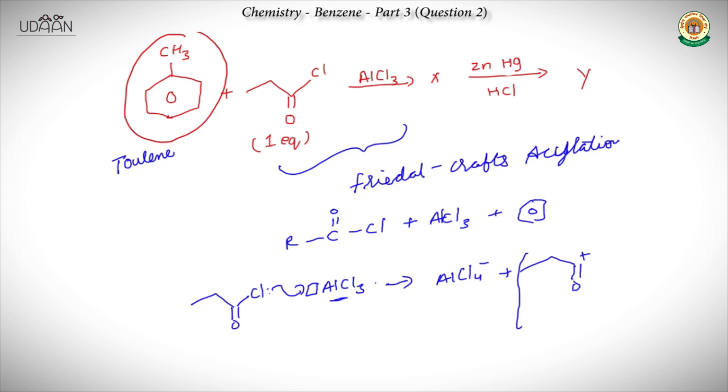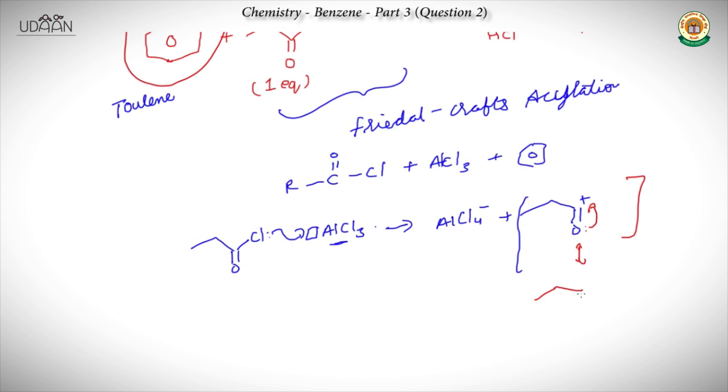I'll tell you how it is stabilized. It will dechlorinate the acid chloride. This has a lone pair of electrons and it will give this to it, and it will fulfill its octet. So it will be resonance stabilized.